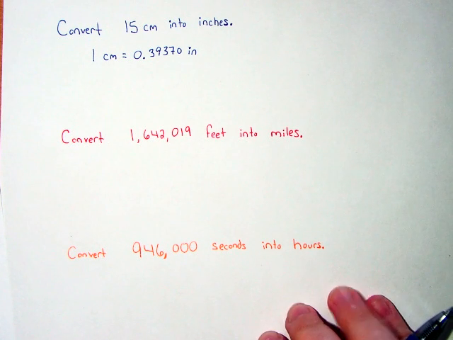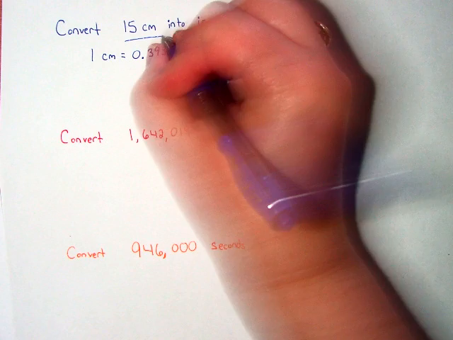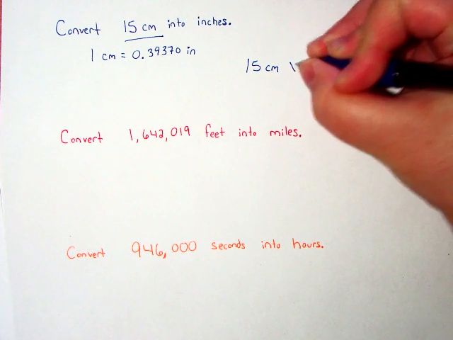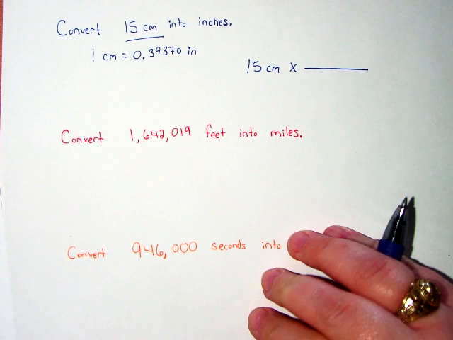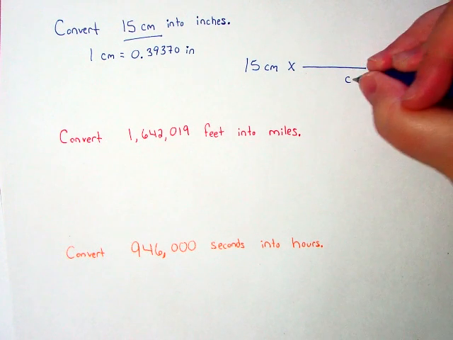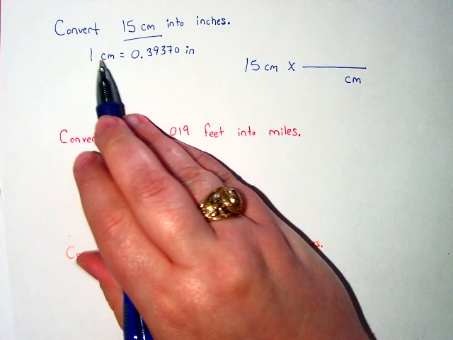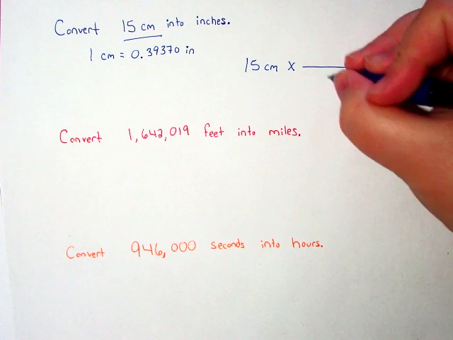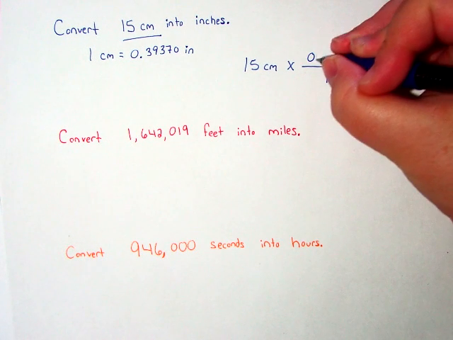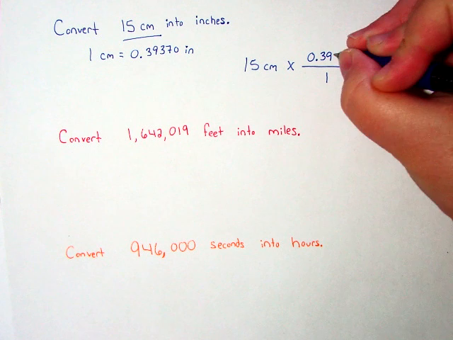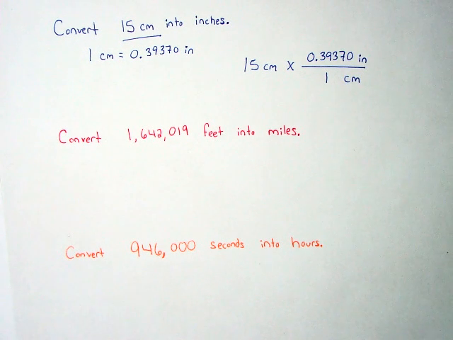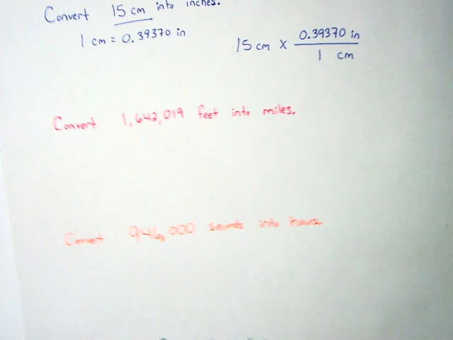Okay. I am given 15 centimeters times a fraction. I have centimeters on the top, so I'm going to put centimeters on the bottom. Look at my conversion factor. 1 centimeter is equal to 0.39370 inches. Okay.